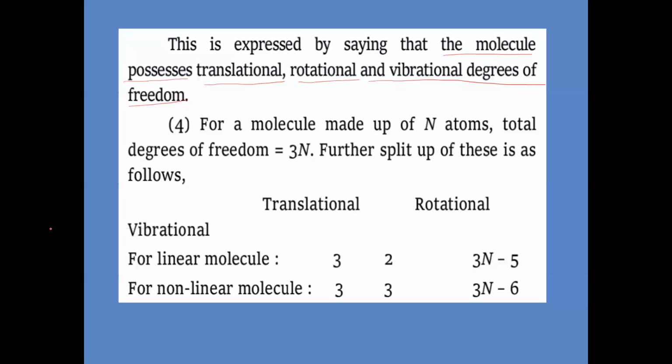Next, what you have to understand is that for a molecule made up of n atoms, total degrees of freedom will be equal to 3n, 3 into n.